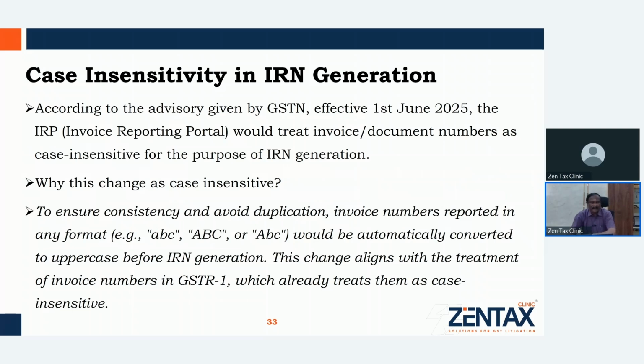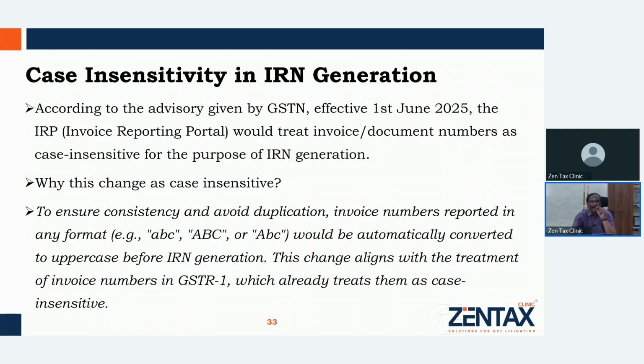Case insensitivity. This is one of the recent notifications, and it will come into effect from 1st June 2025. As I already mentioned, if you cancel the e-invoice, you cannot take the e-invoice again with the same number.